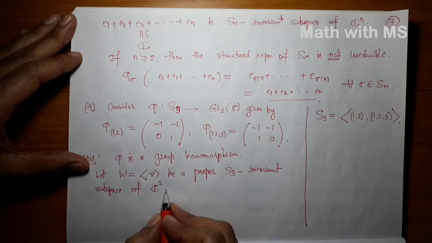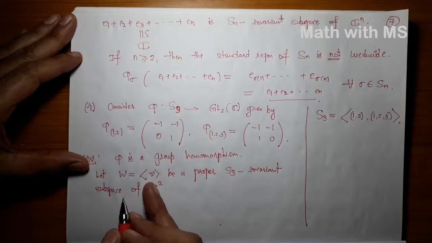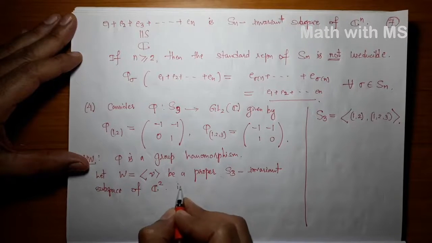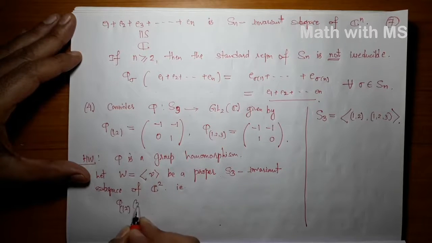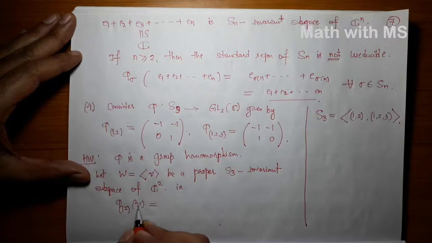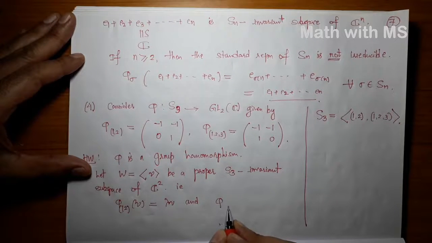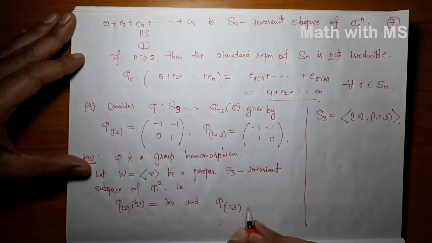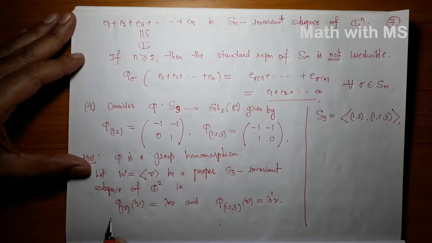Since it is an S3 invariant subspace, what does it imply? That implies that phi of (1 2), when it acts on the vector V, should be some scalar multiple of V, right? It should be some lambda V, and similarly phi of (1 2 3) of V should also be some lambda prime V, okay? In fact, for every element of the symmetric group, phi of that element acting on V should be a scalar multiple, right?